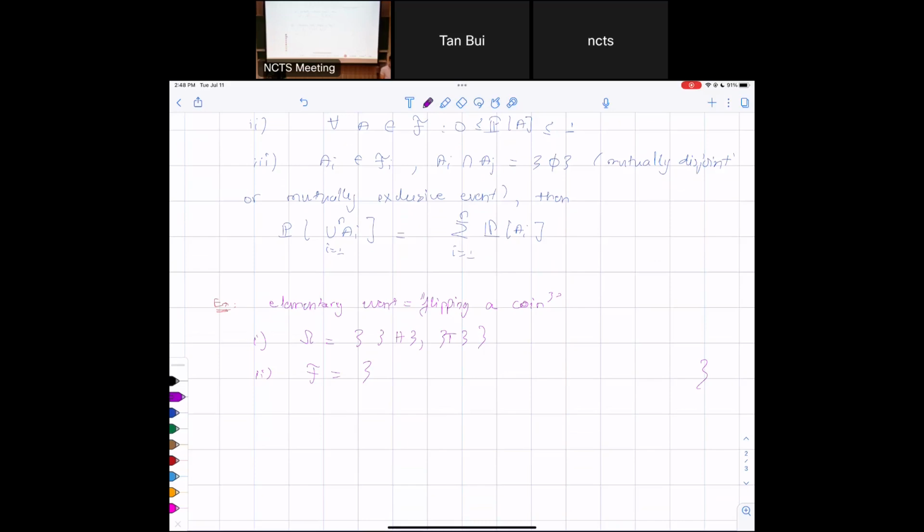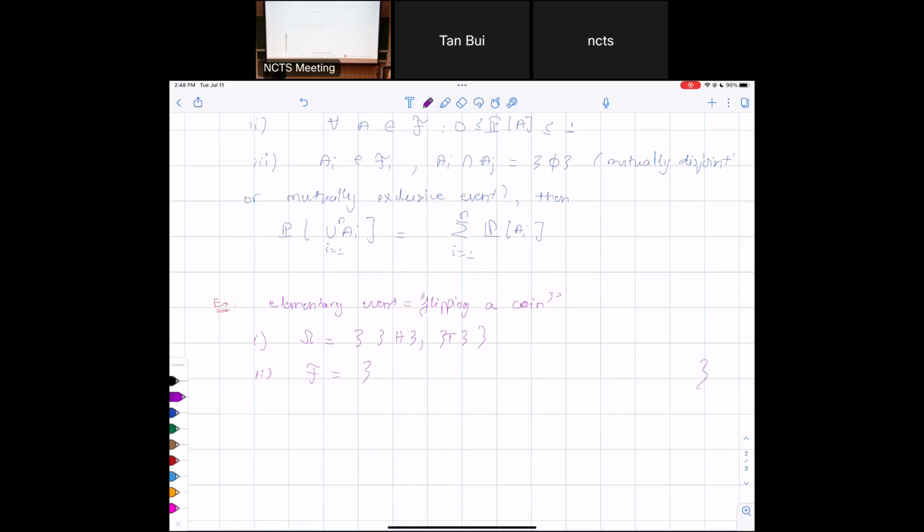What is the simplest set in the sigma algebra? We're not doing any random experiment here. It's just a coin-flipping event. We know it's either head or tail. What is the sigma algebra here?